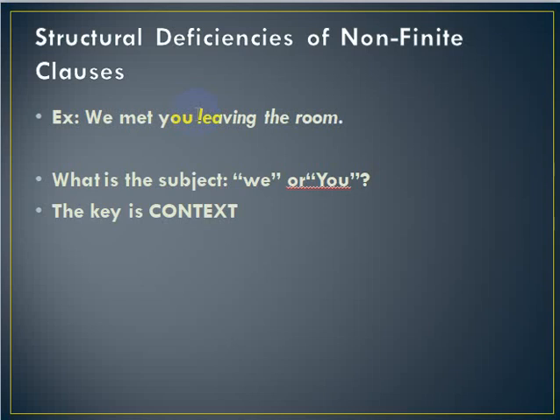But what about if we say we met you when you were leaving? Both are correct. So here, since we have two interpretations to one sentence, the sentence is called structurally ambiguous. Why? Because the ambiguity stems from the structure.